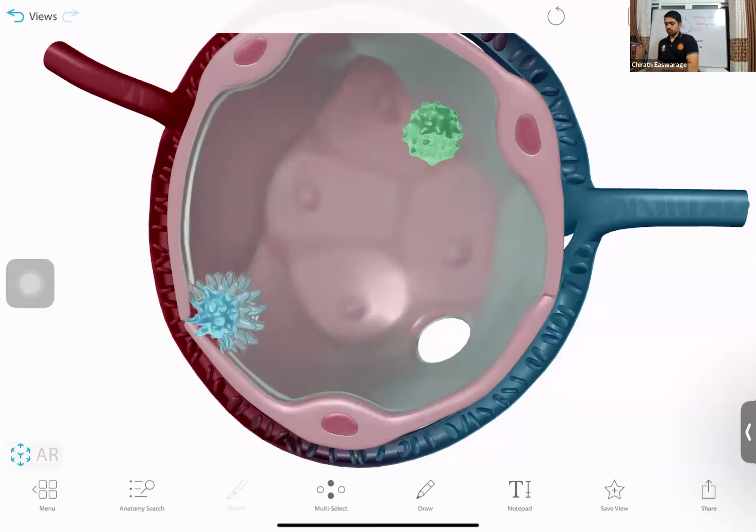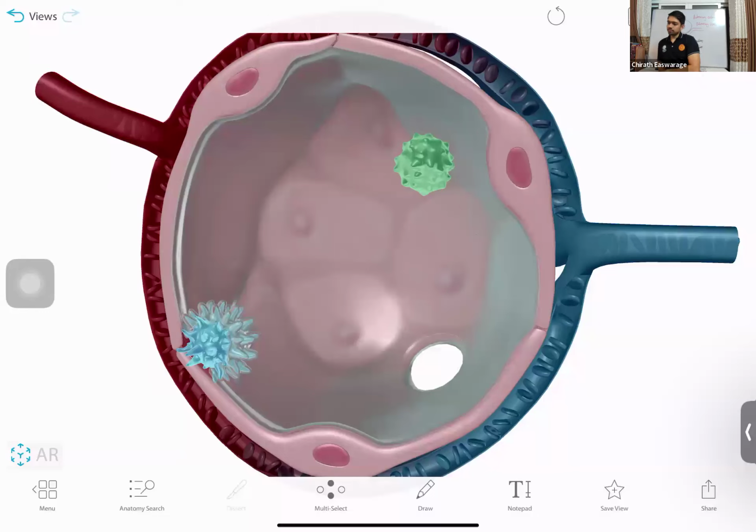No, epithelial cells. Come on. What is the cell type? Epithelial cells is not a very specific answer. I need the specific type of epithelial cells that are forming the wall of this alveoli.